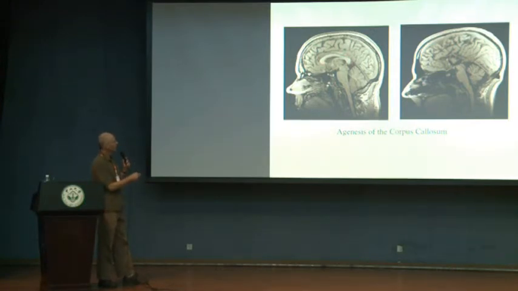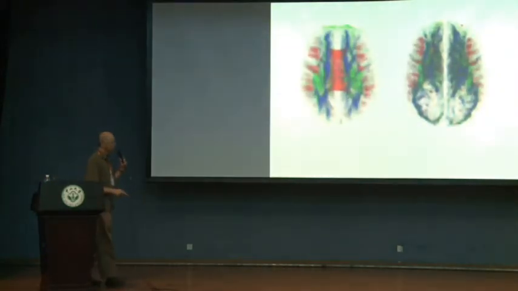So normally, here's a healthy subject, a sagittal MRI scan, here's the corpus callosum, those 200 million axons caught in cross-section, and here it's missing in the brain of a patient with agenesis of the corpus callosum. And you can reveal that if you do diffusion-weighted imaging, like the signal that people use for DTI-type measures. Here you're looking down at a healthy brain.